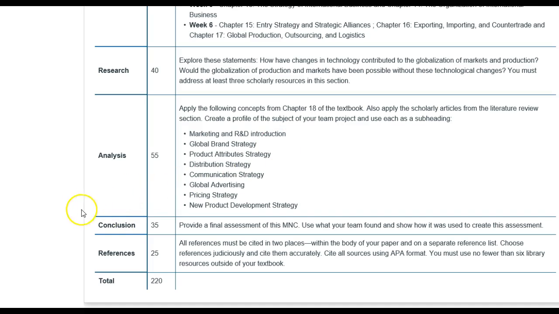Then we have what's called a conclusion section, and this is where you will provide a final assessment of your MMC. What I'd like to see here is for you to tell me what you found that was well done in terms of what this MMC has done in the world and has brought them some sort of positive results.